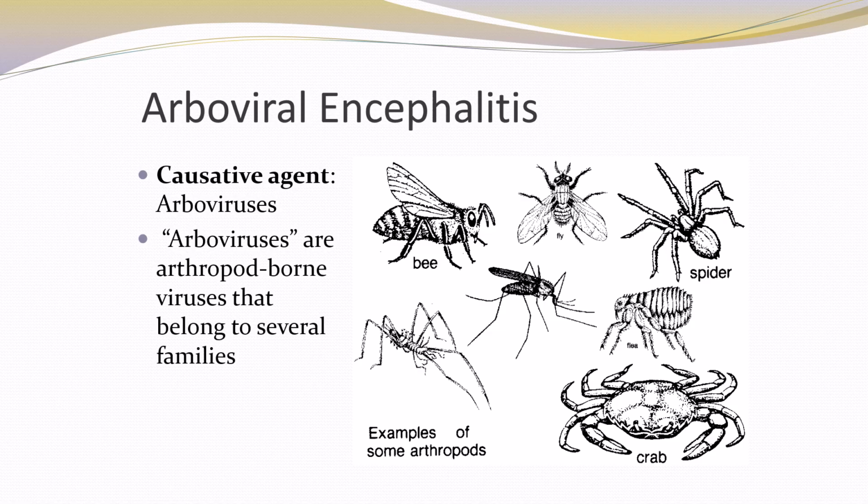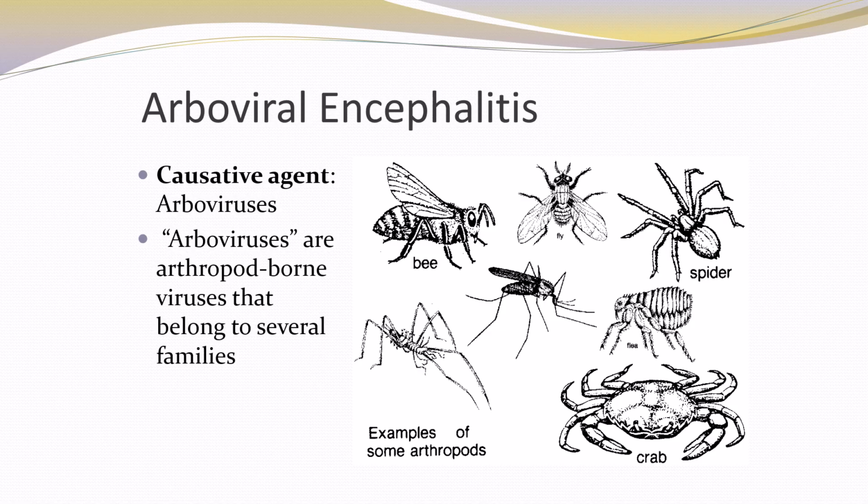I know that doesn't say that exclusively on the slide, but that is what I want to get across here. These vectors could be things like mosquitoes, ticks, flies, fleas, even spiders. And it kind of varies what arbovirus we're talking about, but we are going to clump them all together here.